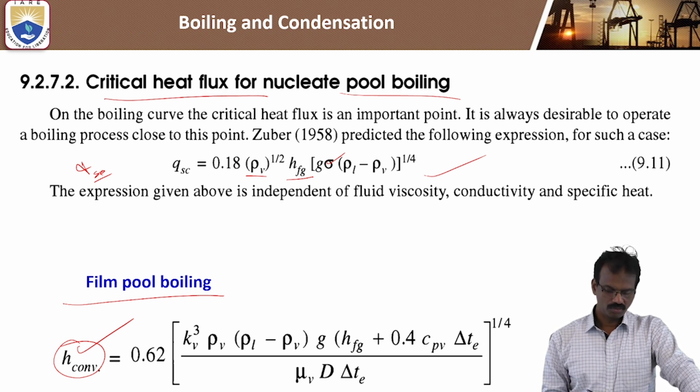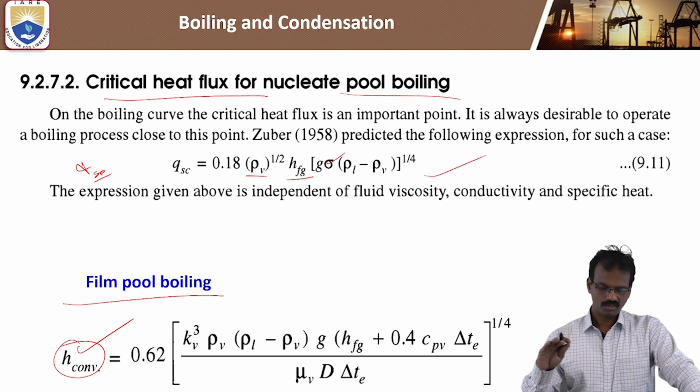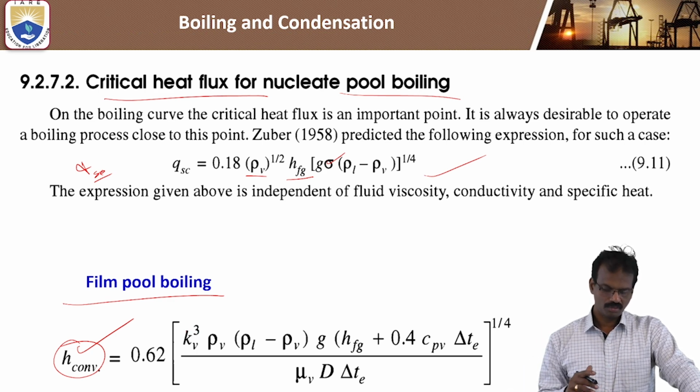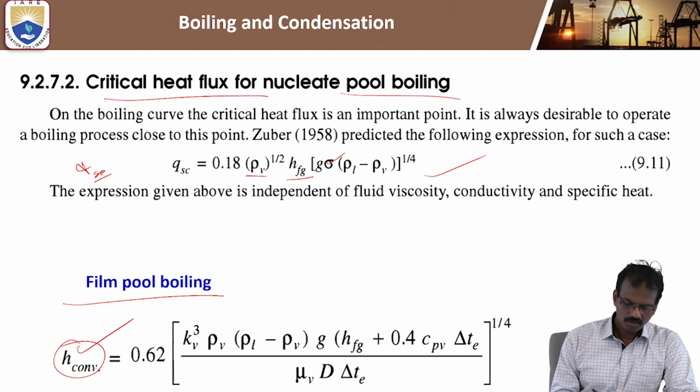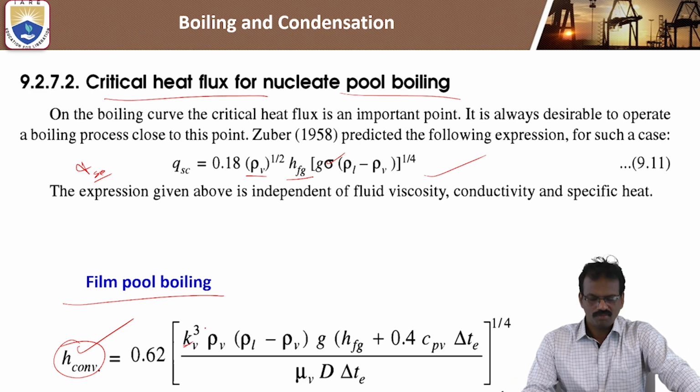H convection is equal to 0.62 times the vapor thermal conductivity. The vapor film acts as a solid surface, and heat transfer also occurs due to radiation. So this is the case, the thermal conductivity of the vapor.